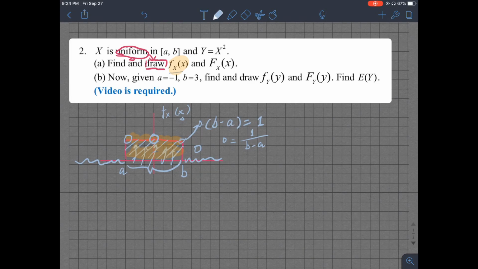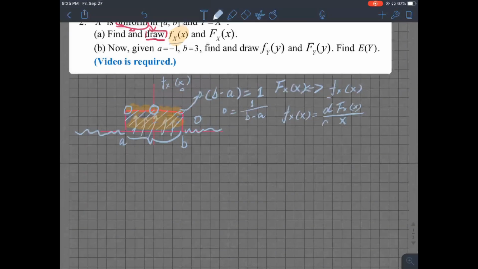And for F_x, we can write down the relationship between f_x and F_x, the big F_x. F_x is just the derivative of... the relationship being that f_x is the derivative of F_x.